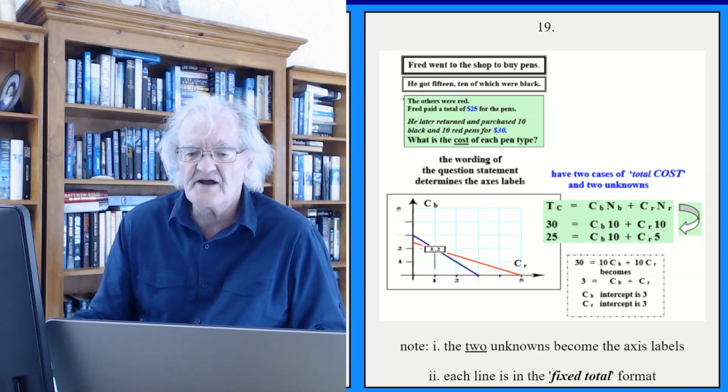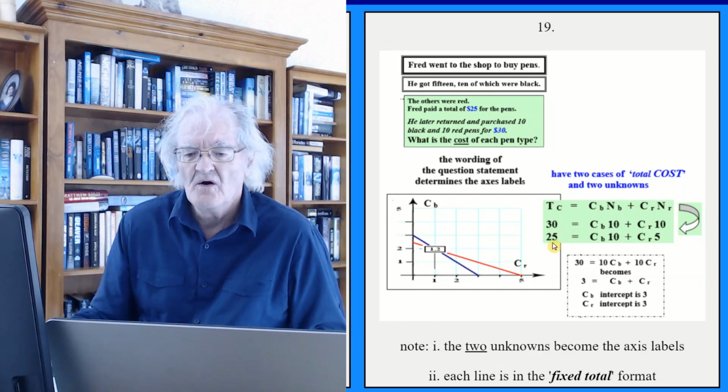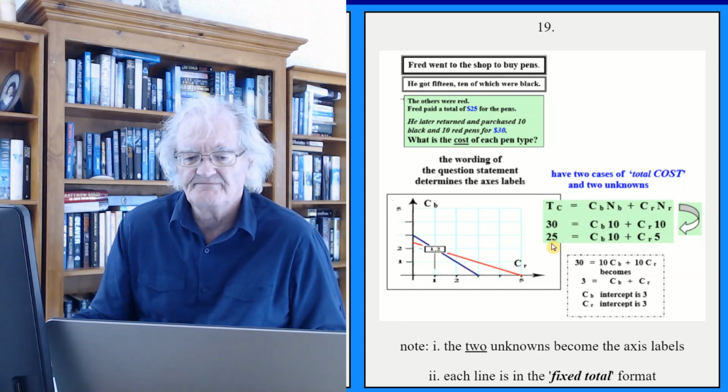When we look at the graph in this case, we have two equations. So we can draw a graph representing a total of 30, a graph representing a total of 25. Here are our two total graphs, and where they intersect represents the common information, common data for both cases.